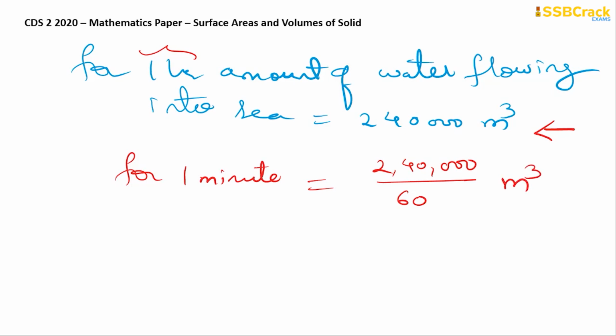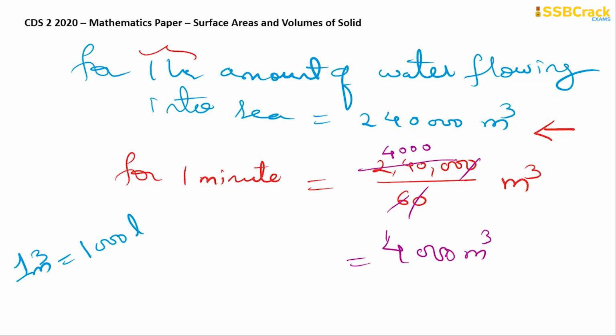So let's calculate this. What do you get? 1 zero cancels and we have 6 1s are 6, 6 4s are 24, 0 0 0. So 4,000 meter cube. Now we want the answer in terms of liters. So for that, let's recall the conversion that 1 meter cube volume is equivalent to 1000 liters, right?